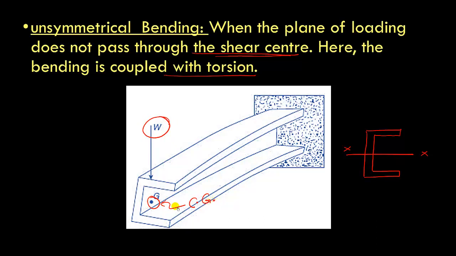Under the influence of this load, this channel section is bending, and also this channel section is twisting. So bending as well as twisting both are happening in this case, and that's why this is an example of unsymmetrical bending. Now the question is why twisting happens in this case, and this can be explained on the basis of the concept of shear center.